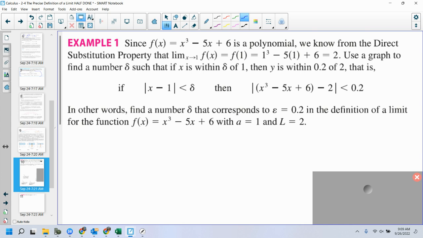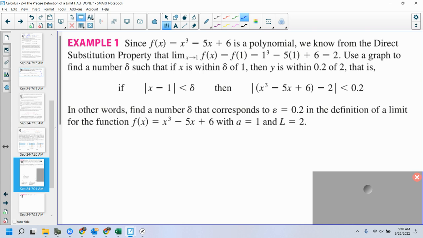We know that we could evaluate the limit just by doing direct substitution because it is a polynomial, right? There's no smoke and mirrors. I'm not trying to pull one on you there. I know that we can evaluate the limit to be 2.